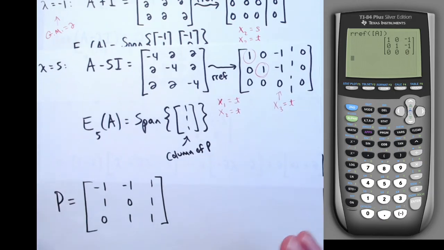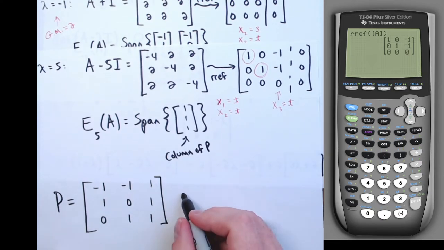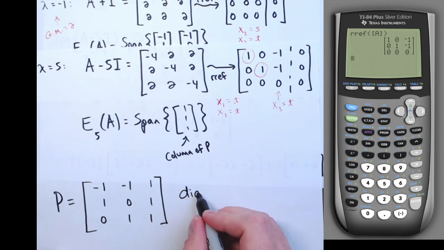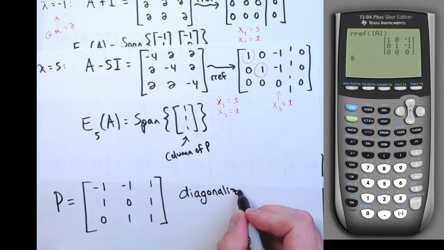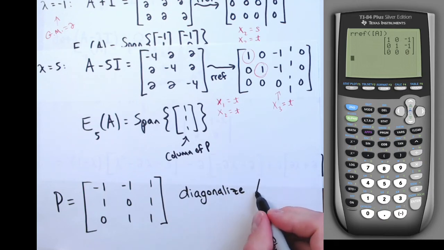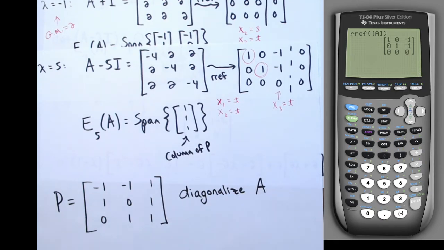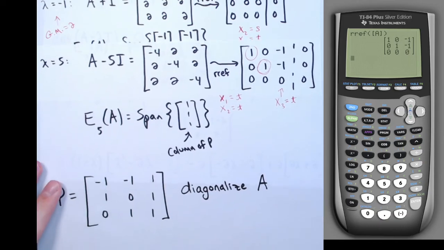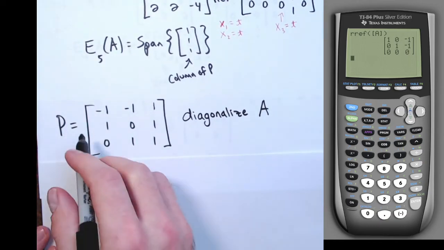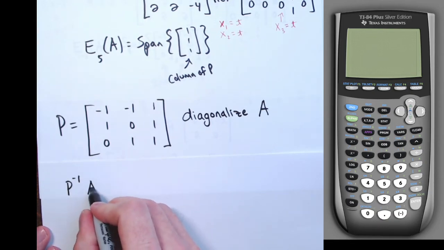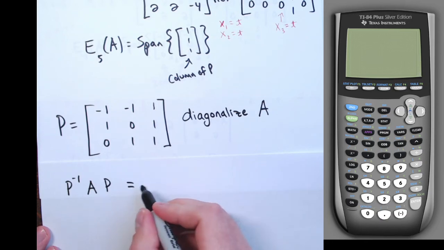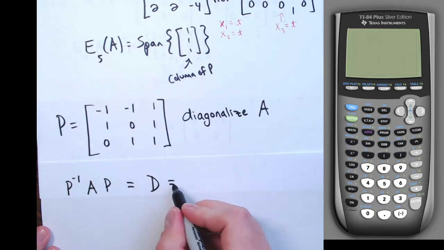All right, and since I found 3 independent eigenvectors, this matrix should diagonalize matrix A. And what should happen? Since I did everything correctly, I feel, P inverse times A times P should be equal to a diagonal matrix.